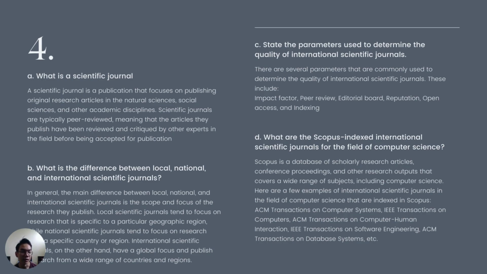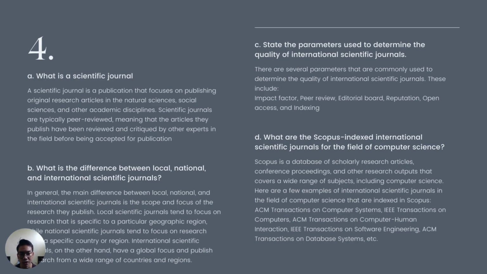What is the difference between local, national, and international scientific journals? In general, the main difference between local, national, and international scientific journals is the scope and focus of the research they publish.